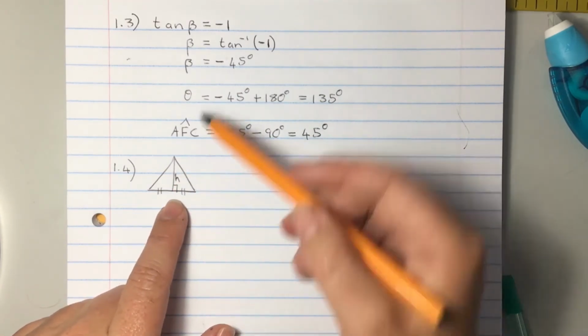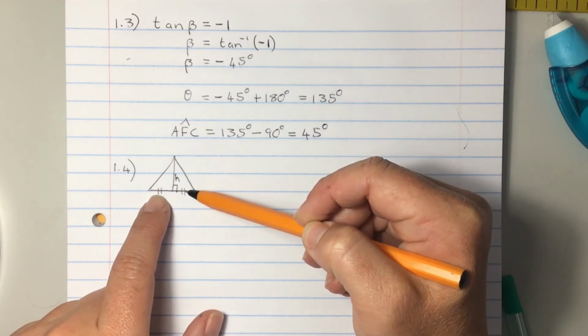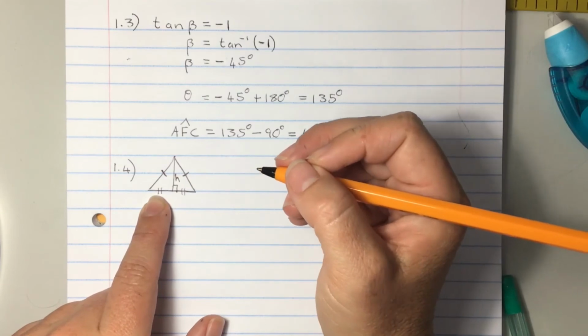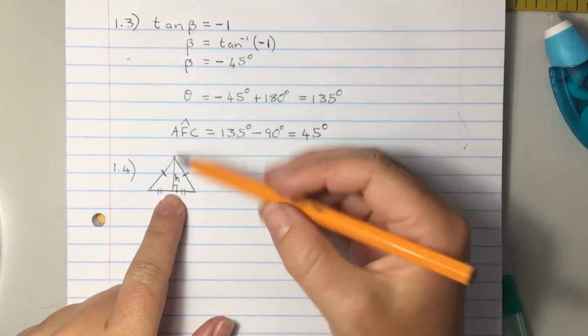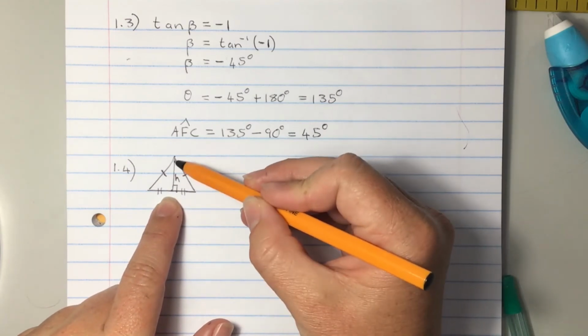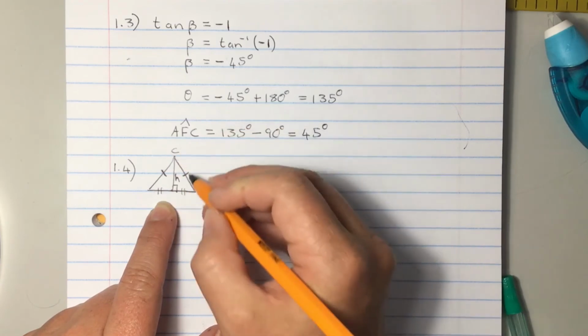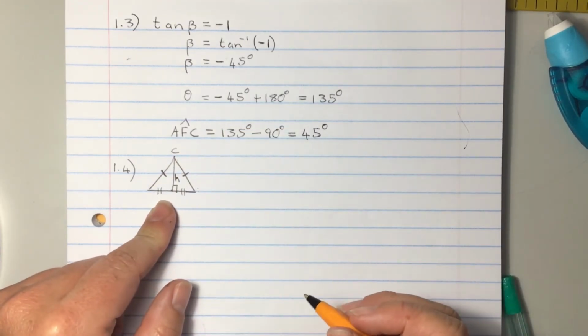Now the only time I get a height 90 degrees and those two cut in half is when we have an isosceles triangle. Now it also works in an equilateral triangle because it is more specific than an isosceles triangle. So for the perpendicular bisector to go through point C, this triangle has to be an isosceles triangle.